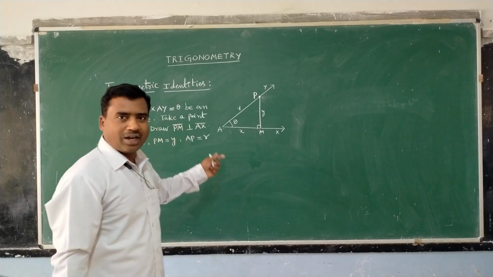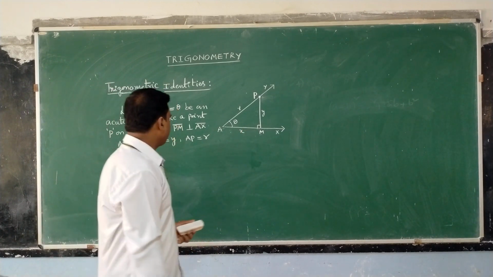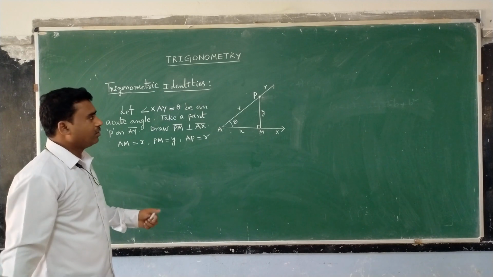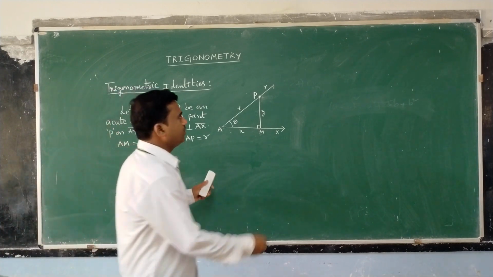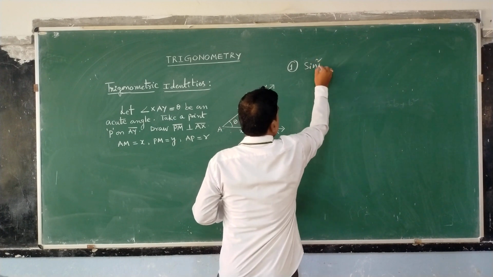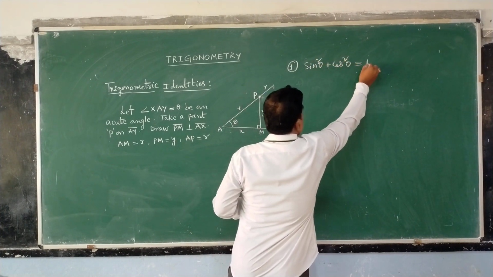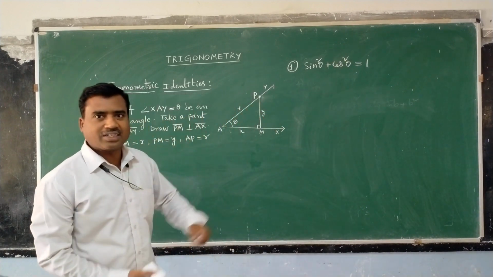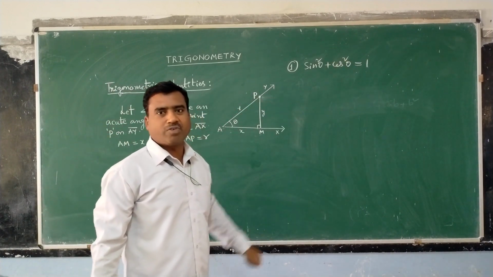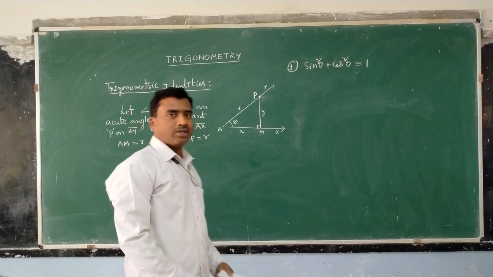Now let us discuss some trigonometric identities. Students, the first identity is sin²θ + cos²θ = 1. Let us discuss the proof of sin²θ + cos²θ = 1.